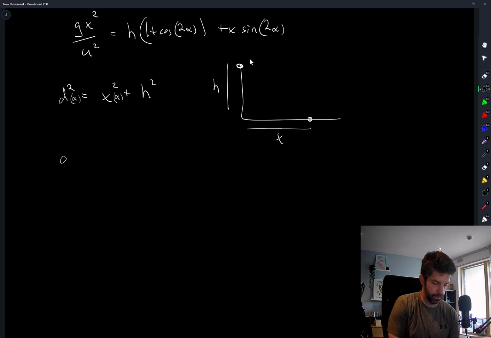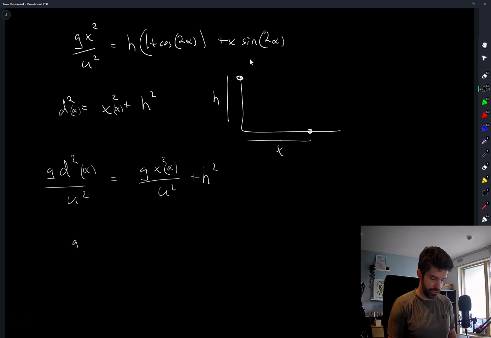I suppose, hold on, d squared of alpha, let's multiply it by g over u squared. This is equal to g x squared of alpha over u squared plus h squared.